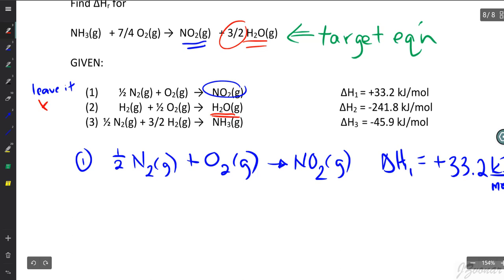So for the second equation, we're going to have to multiply the entire thing by 3 over 2. All right, so that's what I'm going to do for my next equation.